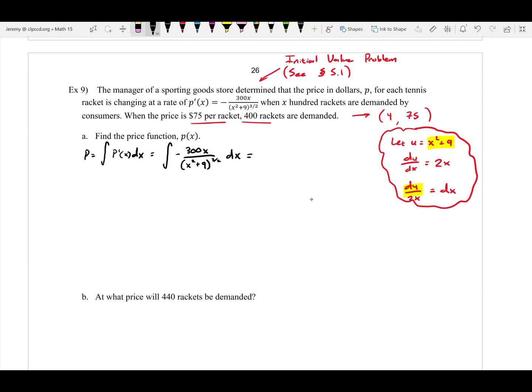Let's see. We'll do this integral negative 300x over, and now we're just going to have u to the 3/2, and in for dx goes du over 2x. The x's cancel out, yay!